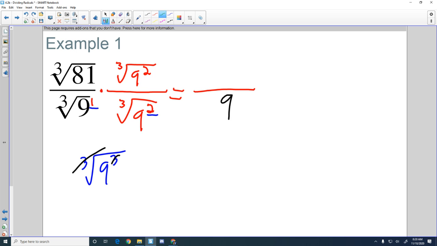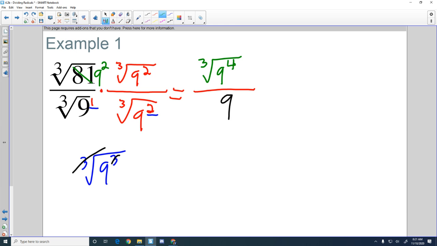Now up top, if you did multiply out 9 squared, you get 81. You get 81 times 81, you get some giant number, which is fine. But 81 is not the same as 9 squared, right? Like we always recognize, hey, 81, that's 9 times 9. So technically, I've got 9 squared times 9 squared, which means this is the cube root of 9 to the fourth.